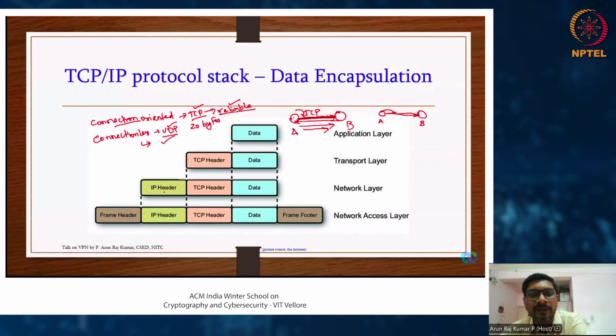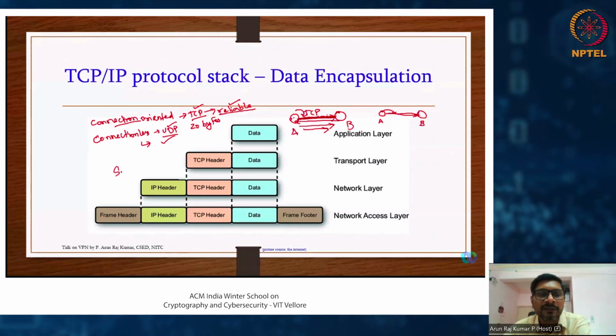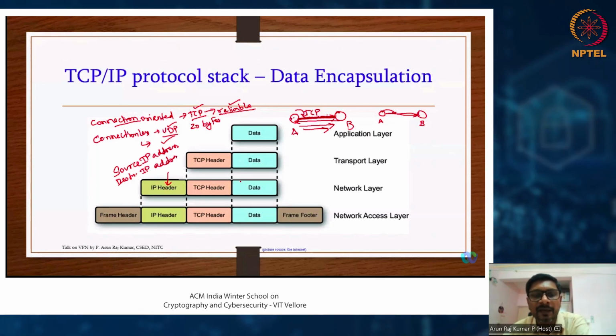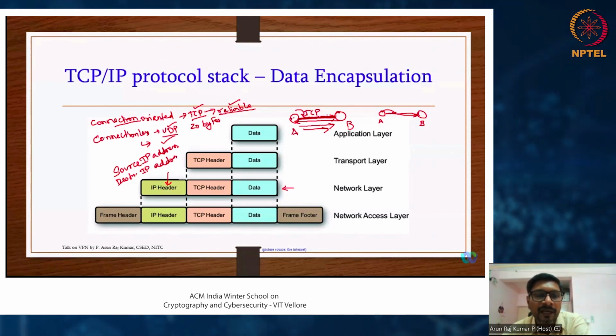Similarly, you have an IP header and then you have a MAC layer header. Here in the IP header you will have the source IP address and the destination IP address. So if I want to know where exactly this entire packet is going, I need to look into this IP header.